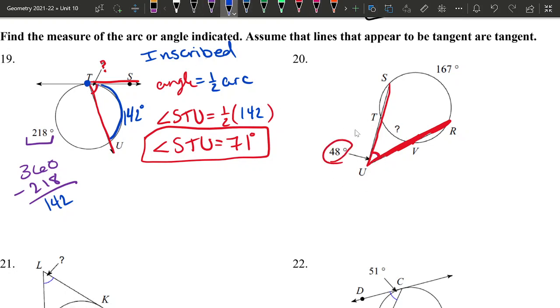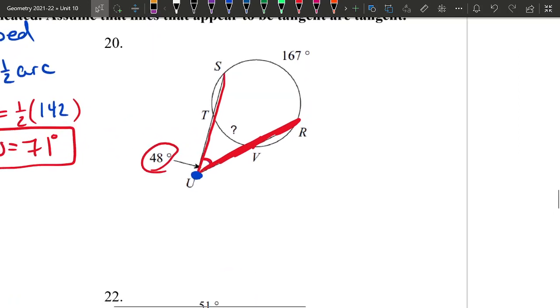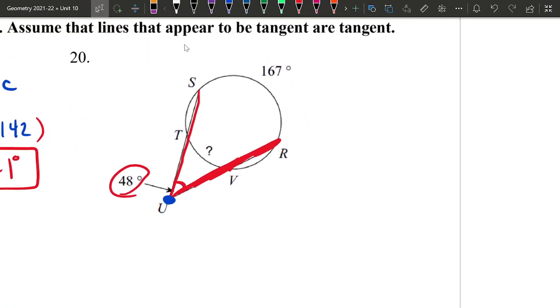The vertex of that angle is outside the circle. So when you have an angle outside the circle, the formula is that the angle, in this case, is equal to 1/2 of the big arc minus the little arc.